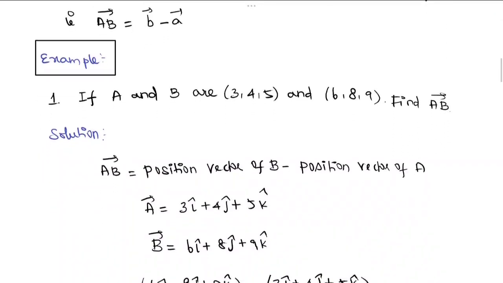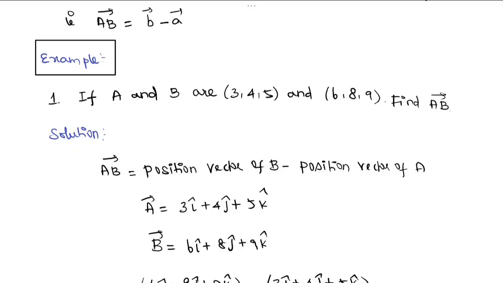So that should be one of the examples. If A and B are given, then find AB. We know the formula for position vector. So AB is equal to position vector of B minus position vector of A. A and B are given.